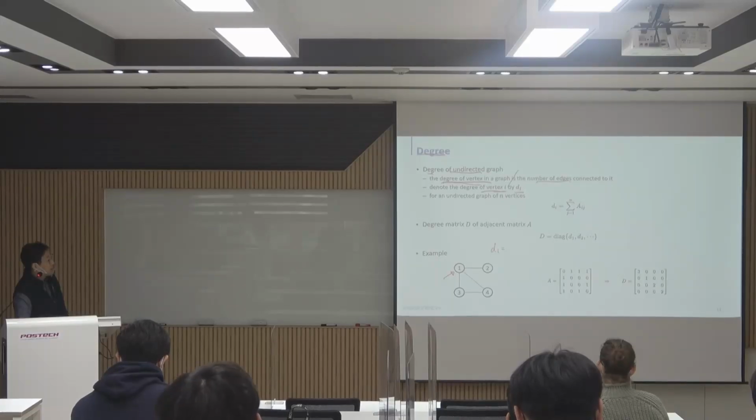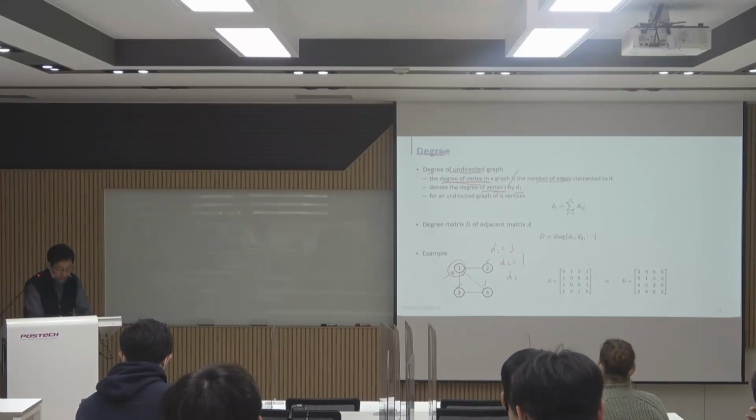How many edges are connected for this guy? 3, right? So we have 3 guys. What about d of 2? 1. d of 3? 2. That's the degree in this case.